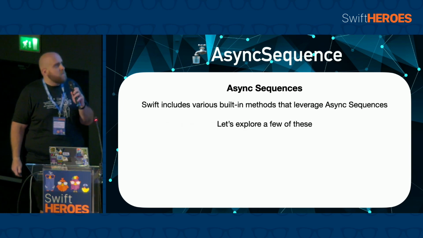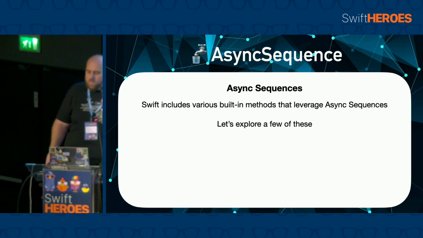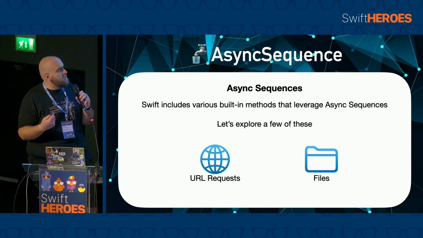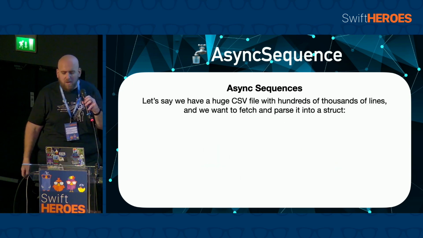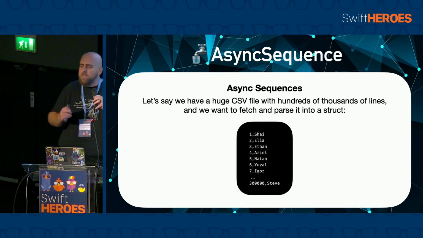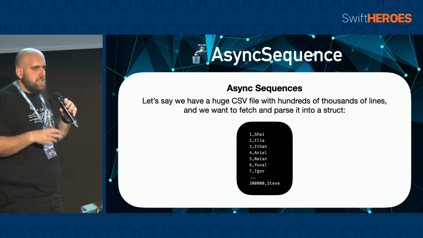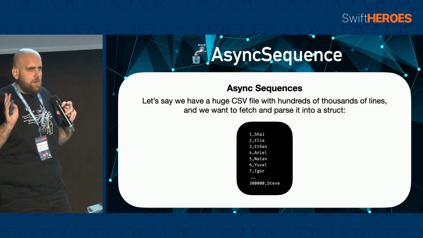There are a few built-in ways that Swift already uses async sequences, and I just want to show you two very quick examples so you know what the possible use cases are. The first one is URL request, which is the most common. Let's say you have a very huge CSV file with a list of people and their IDs. Let's say it has like 500,000 lines, a very, very big file.